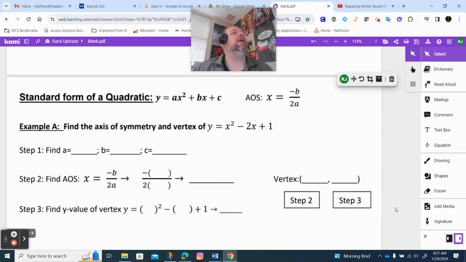Okay, so today we're looking at the standard form of quadratics. A lot of it's very similar to vertex form, and then we got some different things.